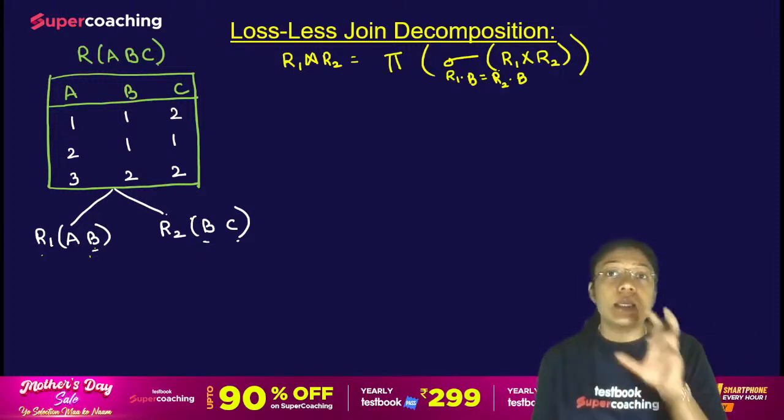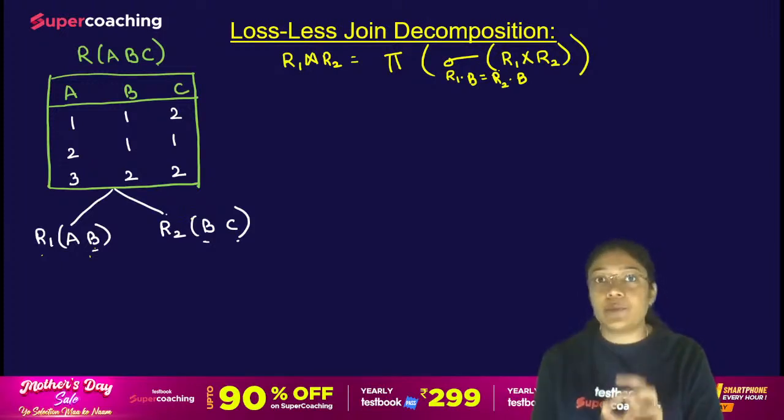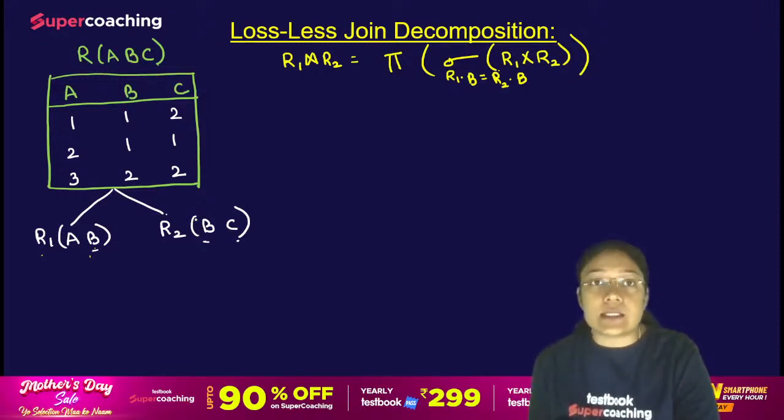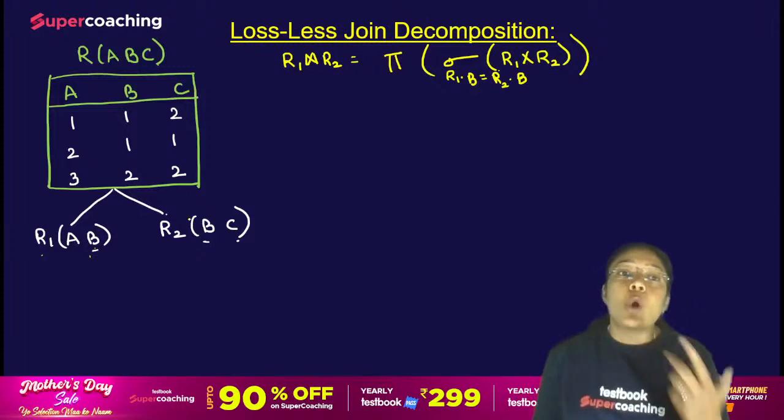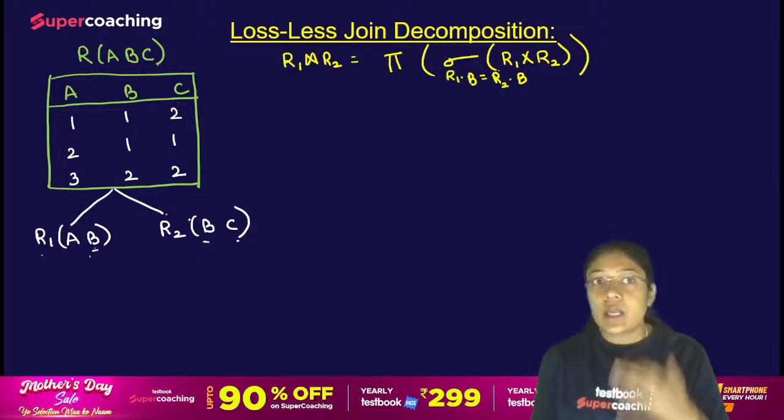I told you that if we are taking the key attribute as the common attribute, then the decomposition will be lossless. Okay, if you take a non-key attribute, what does non-key mean? Redundancy is allowed. That attribute can have the same value.